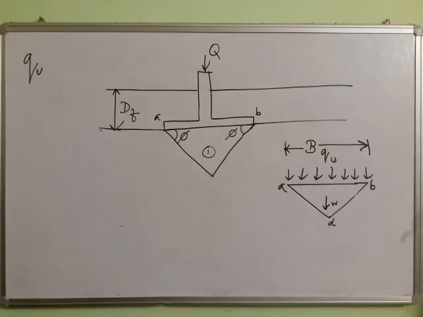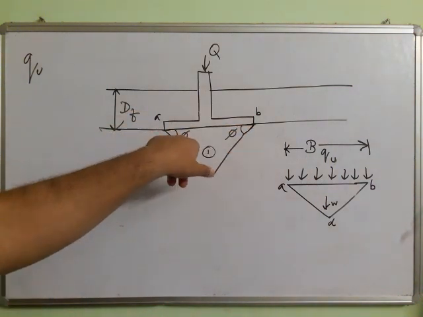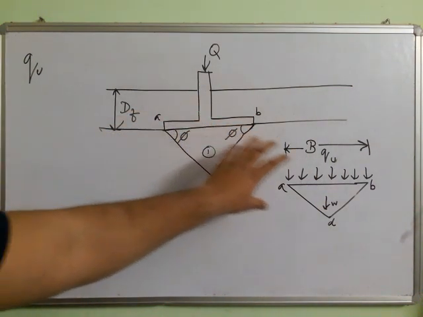So now we have modified the diagram a little bit to understand how to find the equation, which ultimately will be Terzaghi's bearing capacity equation. So now you see here the width of the footing is B. I'm just drawing it separately here also.